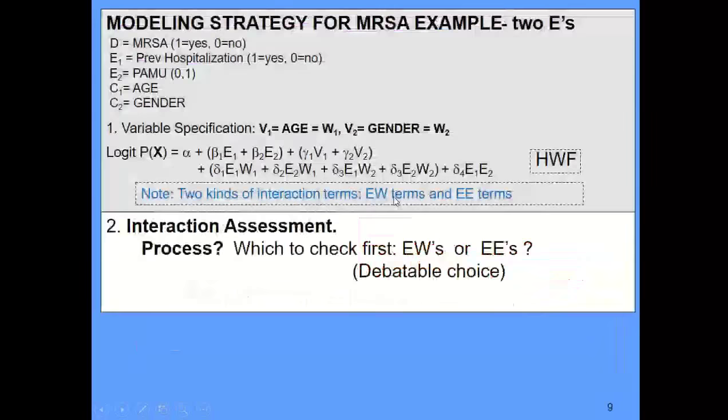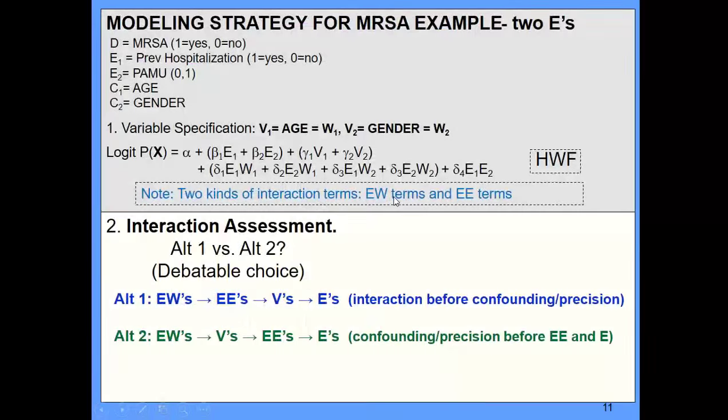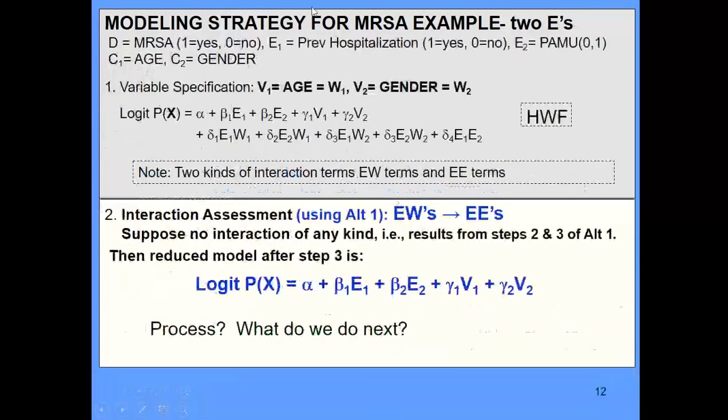Now, what I'm saying is, suppose you do alternative 1. And suppose after you do steps 2 and 3 for alternative 1, no guarantees, but suppose you find that both interactions, both EWs and the EE term, drop out.